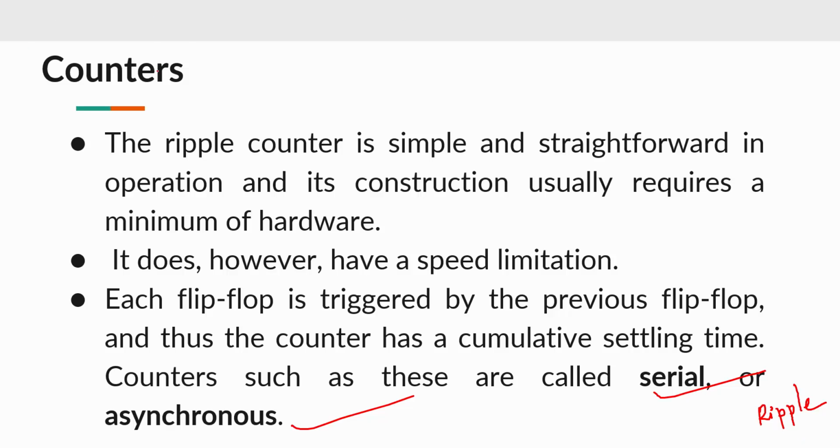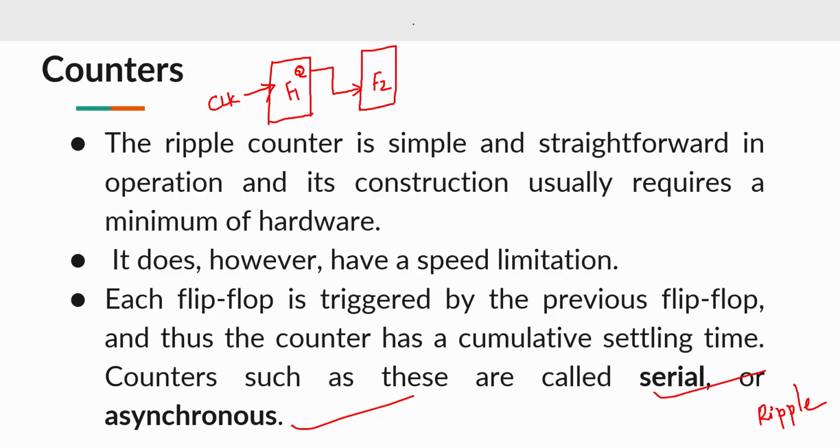Why is it ripple? Suppose this is a 2-bit asynchronous counter. 2-bit means the counter contains two different flip-flops, the first flip-flop and the second flip-flop. The first flip-flop is triggered by an external clock, and its Q output, sometimes the Q bar output, will trigger the second.